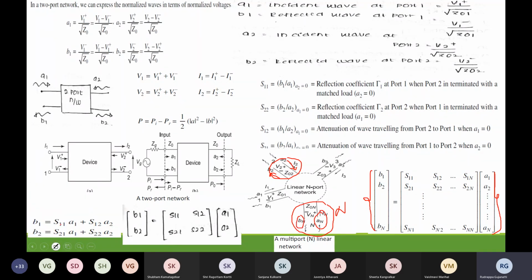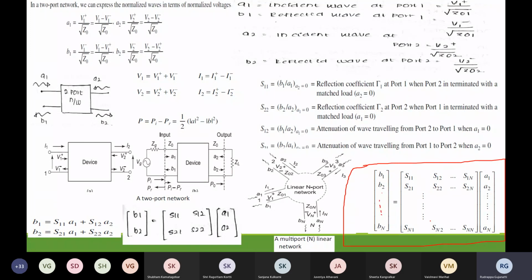So at each port, you have two parameters, the incident and the reflected wave amplitudes. In this way, you have a total of n number of reflected wave amplitudes, where n is equal to the number of ports, and n number of incident wave amplitudes. This is the S matrix representation for an n-port network. This is the general representation we are having.